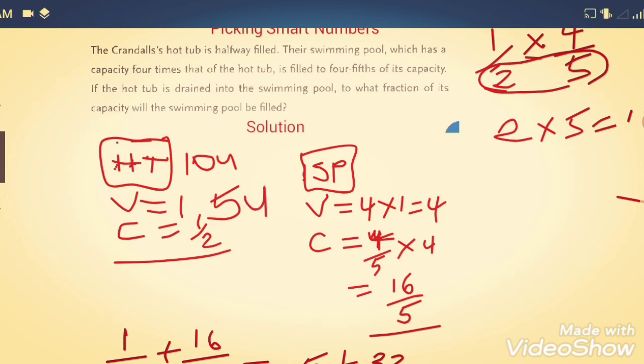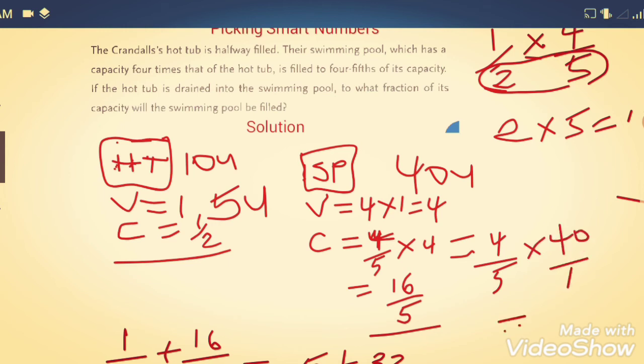Now if the hot tub is 10 units and the swimming pool is 4 times, the swimming pool will be 40 units. Now it says 4/5 of its capacity is filled, so 4/5 of 40 will be 4/5 times 40/1, that gives us 32. So if the hot tub is poured in, that means we're adding 5 units to 32 units.